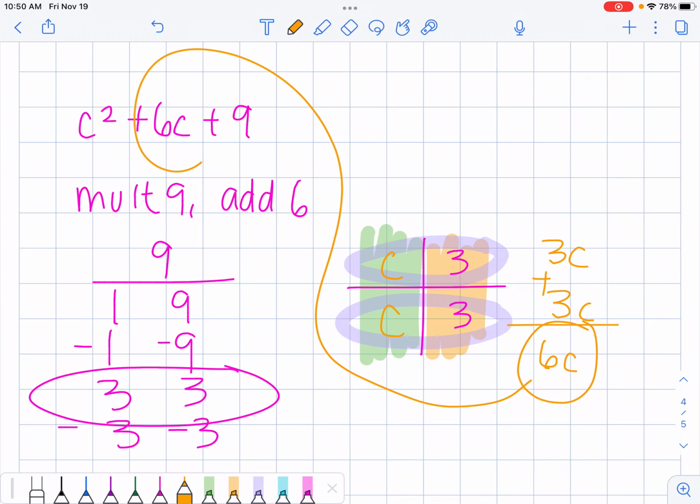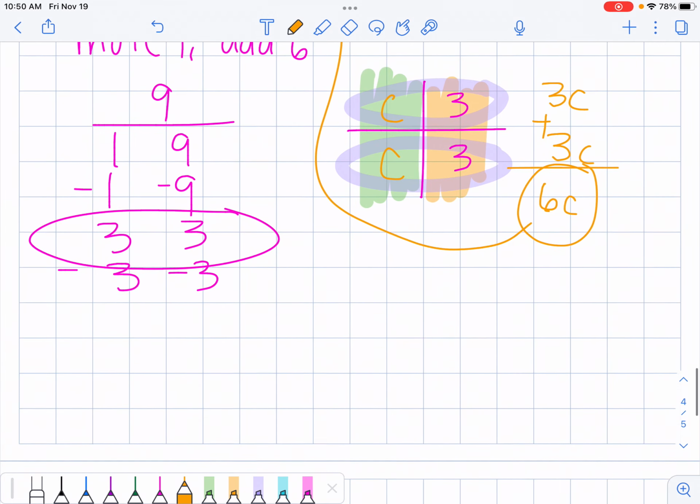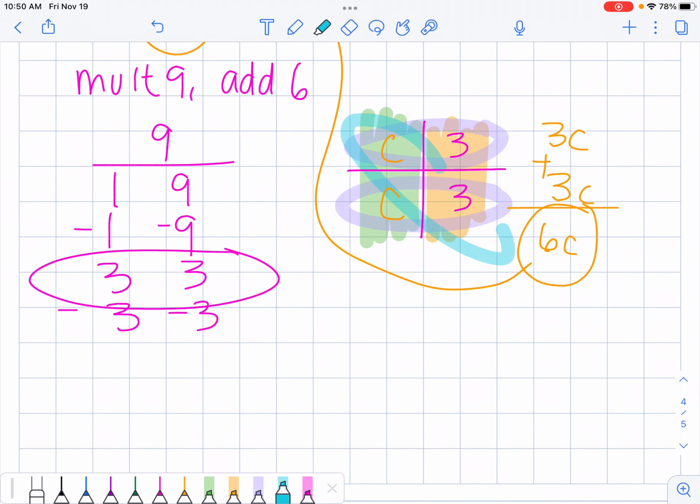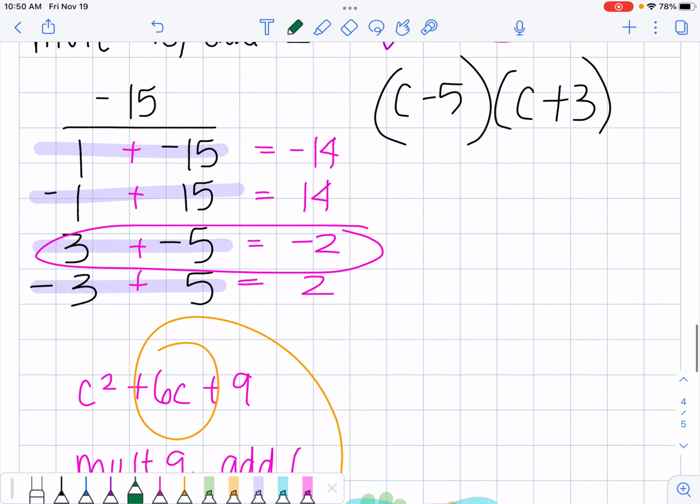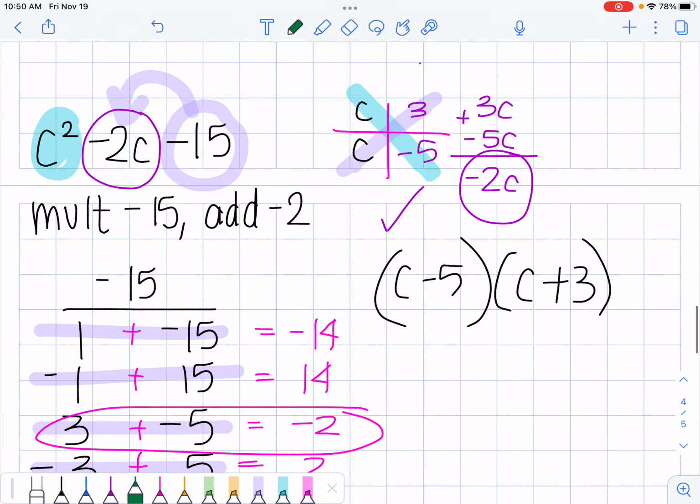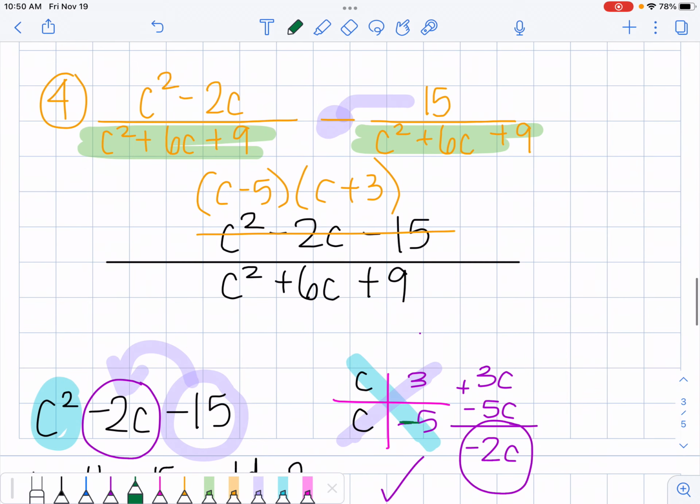This should match my middle term, which it does. So my factors, I cross them. C plus 3 and c plus 3. And I know it's plus because it's a positive number. If I go back to the other one here, where one of my numbers was negative, that's how I know it's minus instead of plus. Okay, so this factors into c plus 3 times c plus 3.